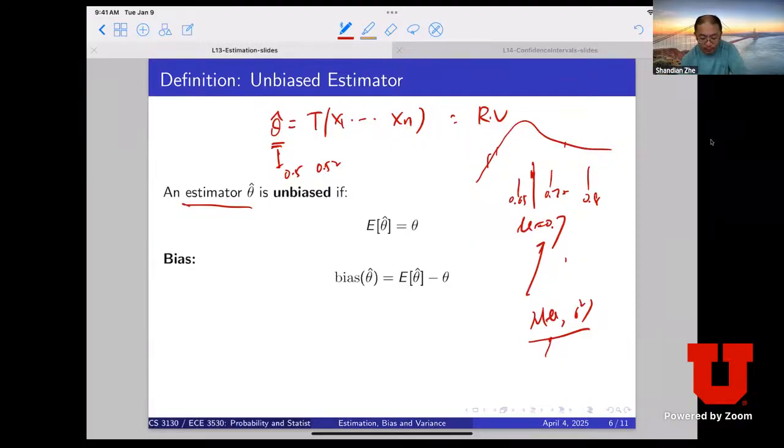One perspective is looking into whether your estimator is biased. What does it mean? It means that if I take the expectation of my estimator, theta hat, and the expectation is exactly theta, then we say the estimator is unbiased.